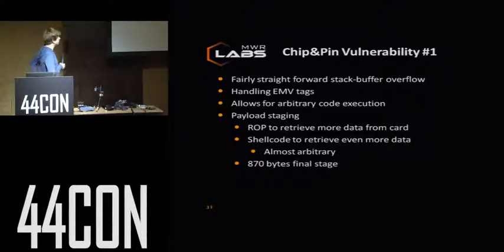So the one Chip and PIN vulnerability we have found in this terminal is a fairly straightforward stack-based buffer overflow during the handling of EMV tags that are sent to the device early on in the communication protocol. And it allows for arbitrary code execution, fairly similar to the network vulnerability that we found initially.